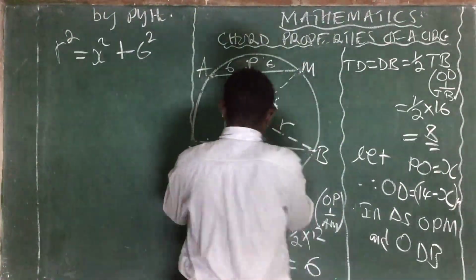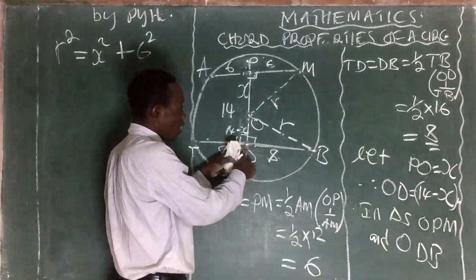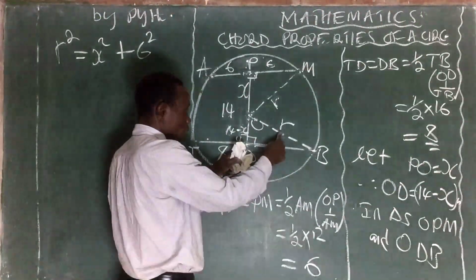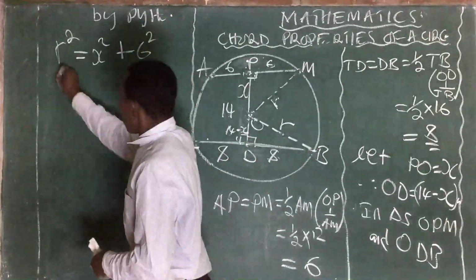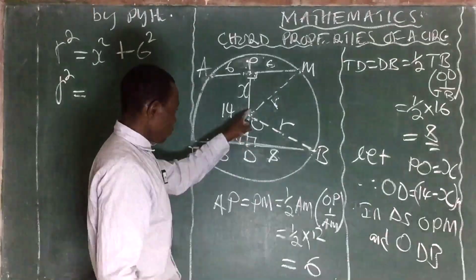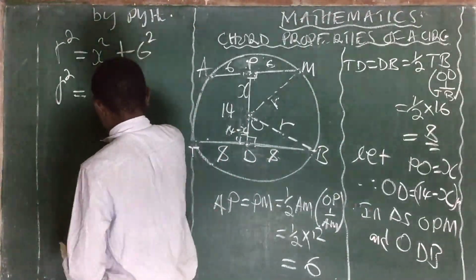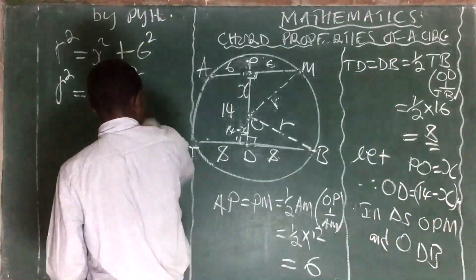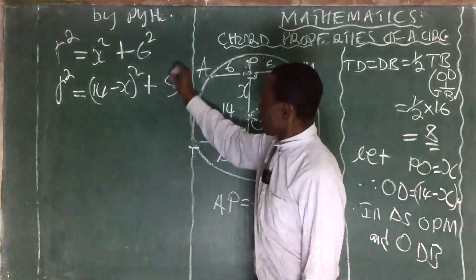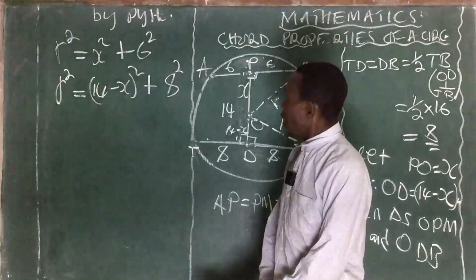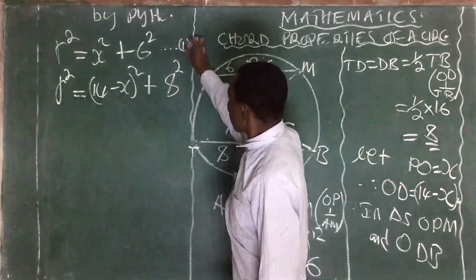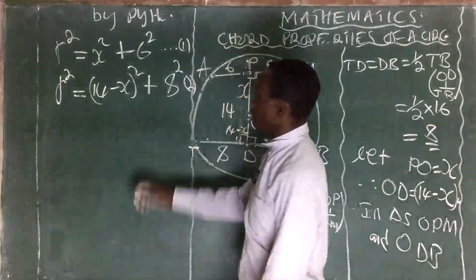Again, if we come into this other triangle, similarly, the same R squared is also the hypotenuse side, because this side is opposite to that. You have R squared is equal to this side squared, which is 14 minus X squared, plus this side, which is 8 squared. So this is our first equation, this is our second equation.